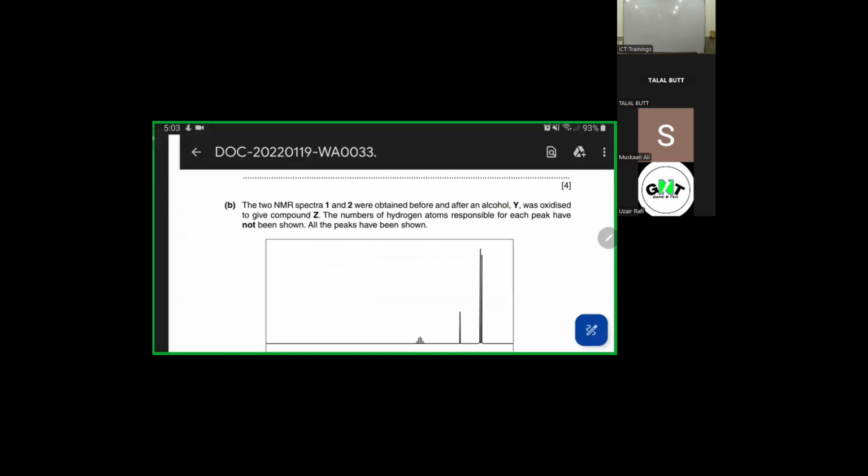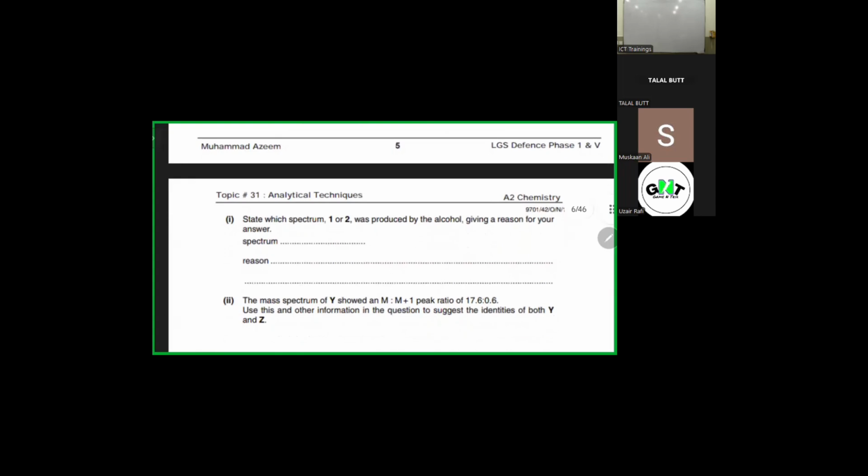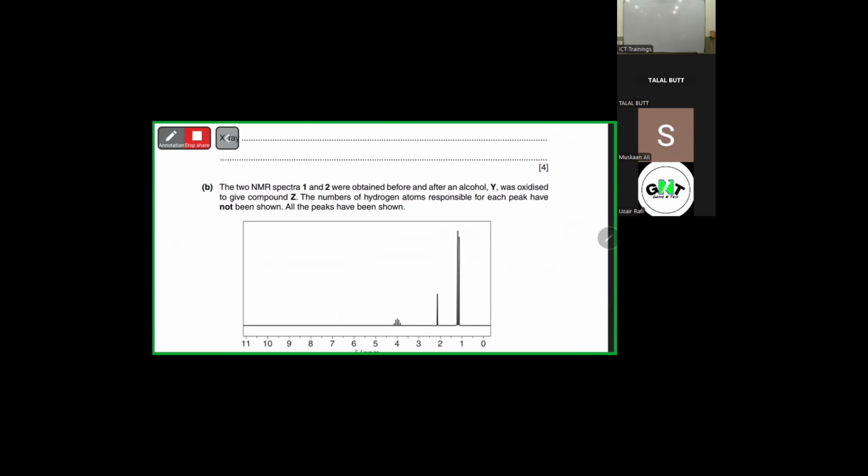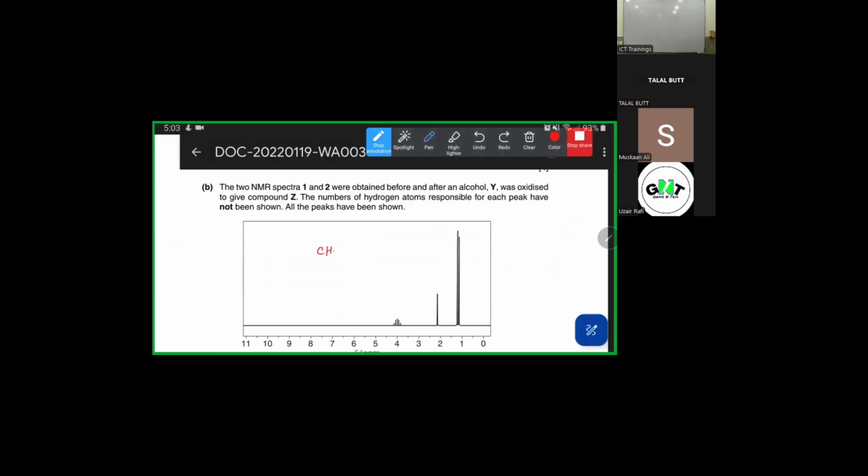Okay, guys, now let's do another question. If this is the alcohol, CH3 CH CH3 with OH, this is a secondary alcohol. So if you oxidize the secondary alcohol, what would happen? The OH and the H on the same carbon form water, and then you get CH3, C, and CH3, with a C double bond O attached. This becomes the ketone.